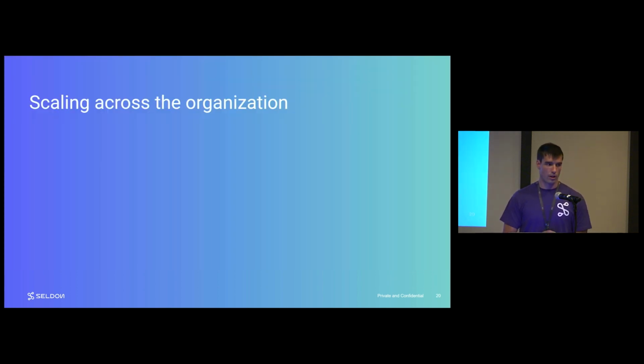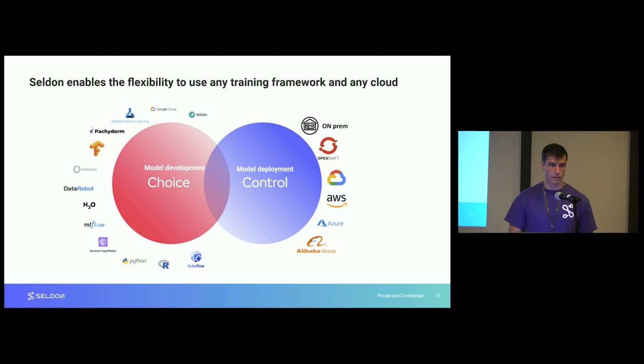Okay, so that's the more practical side of the presentation. Just a couple quick notes to end on here. So firstly, one of the differentiators about Seldon is that it's all open source. So you could have as much flexibility as you want on the training side of things. And then Seldon purely focuses on the deployment side, meaning that you have lots of control over your deployment infrastructure.